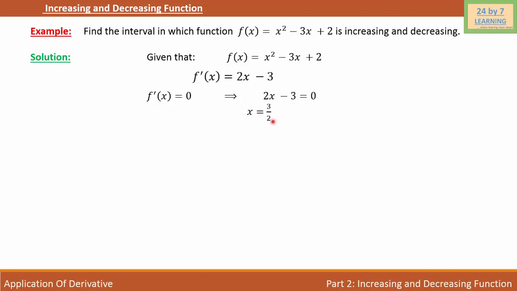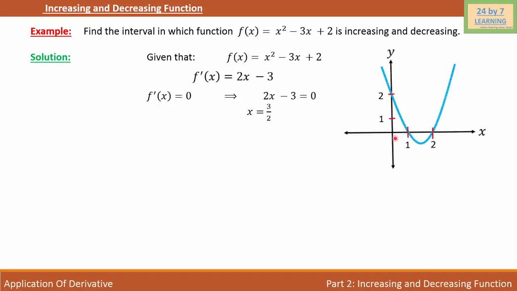Before we go any further, I would like to grab the function f(x). So this is the graph of the function. As we can see, this is my x-axis, this is my y-axis, and this is the equation of the parabola. The parabola intersects the y-axis at 2 and the x-axis at 1 and 2.